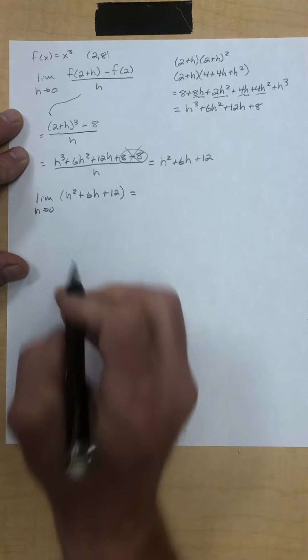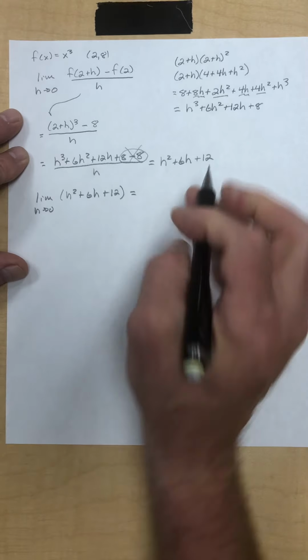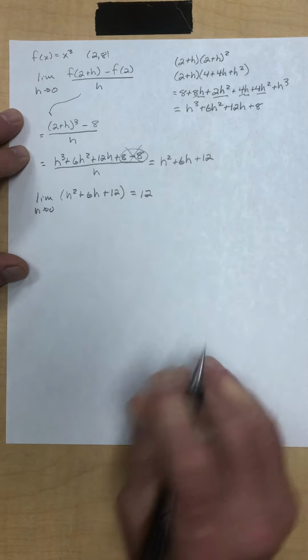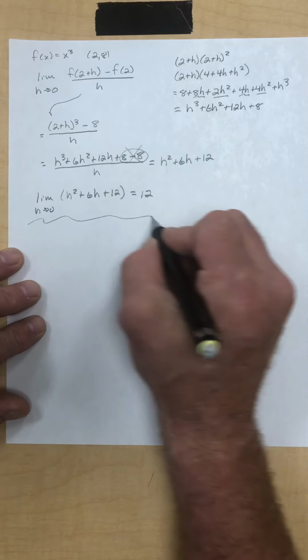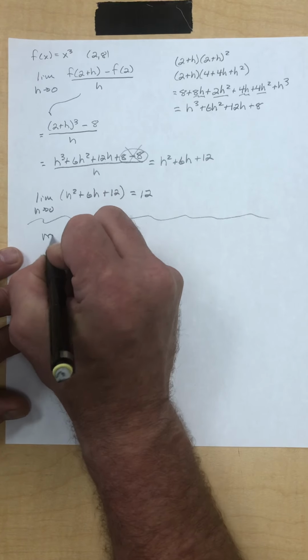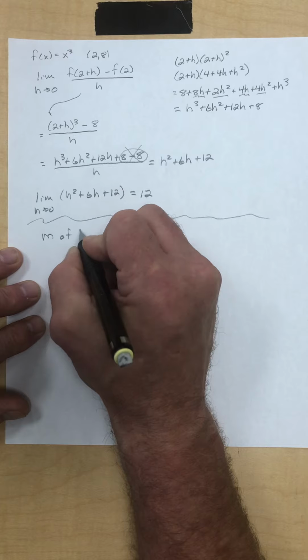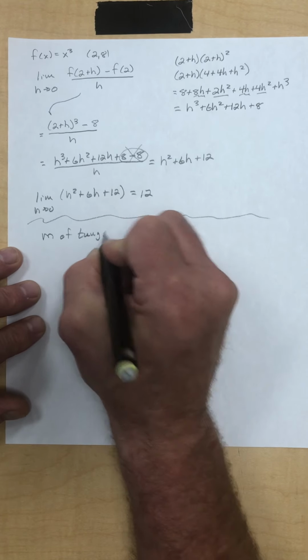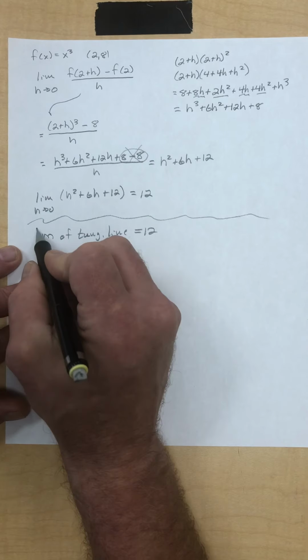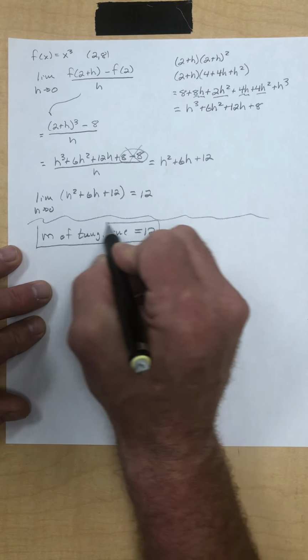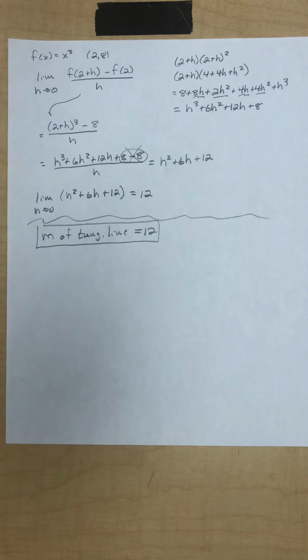So as h approaches 0, this is 0, that's 0, and we get 12. Okay, so it looks like the slope of the tangent line is 12.